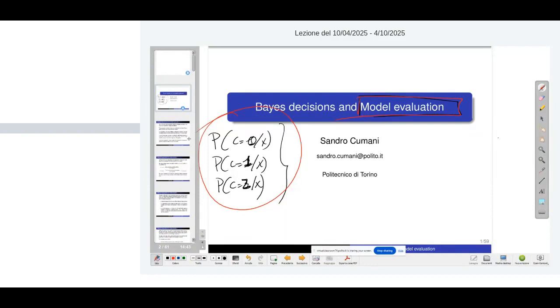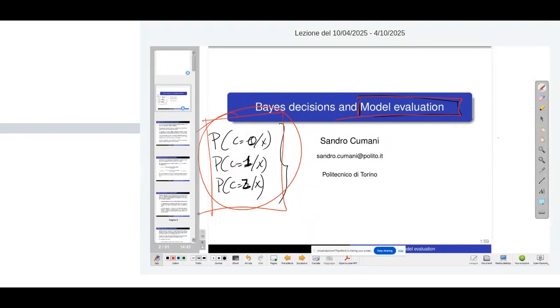Up to now we said we assign to the sample the class that has the highest posterior probability, and every time I said this, I always said for the moment, because we will see that this is optimal under some assumptions, but using the class posterior probability is not by itself optimal for all possible use cases.